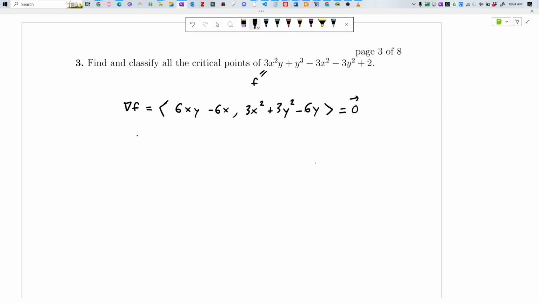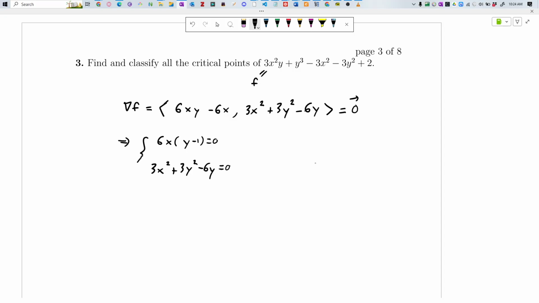So that gives us the system. This equals 0, which I'm already beginning to factor in my head. So 6x gets factored out, and you get y minus 1 equal to 0. And you also have the equation where this is equal to 0. Not sure if there's anything clever I can do with that just yet, I'll just write it.